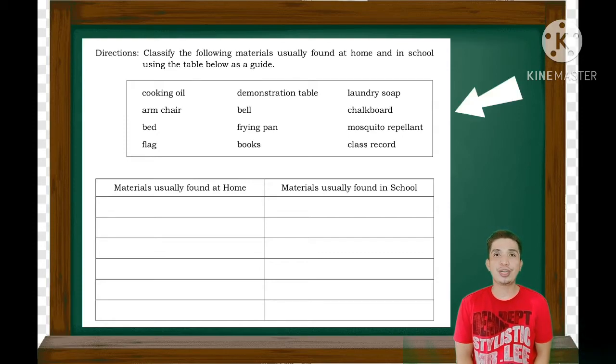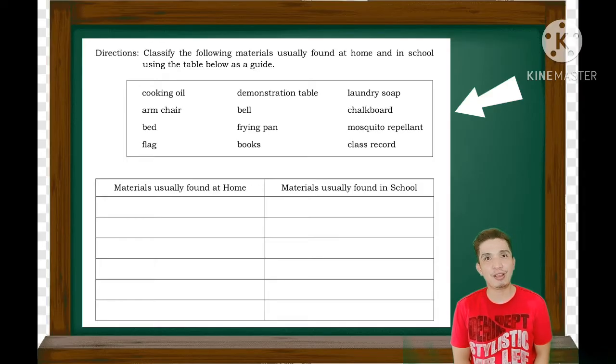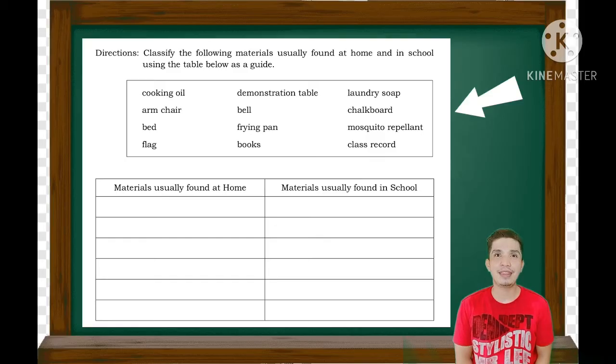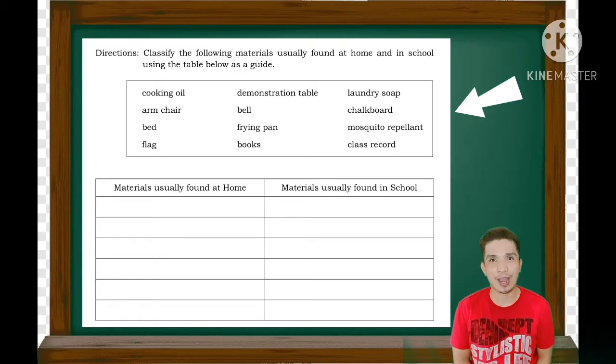The words inside the box are cooking oil, armchair, bed, flag, demonstration table, bell, frying pan o kawali, books, laundry soap o sabon panlaba, chalkboard, mosquito repellent, and class record.